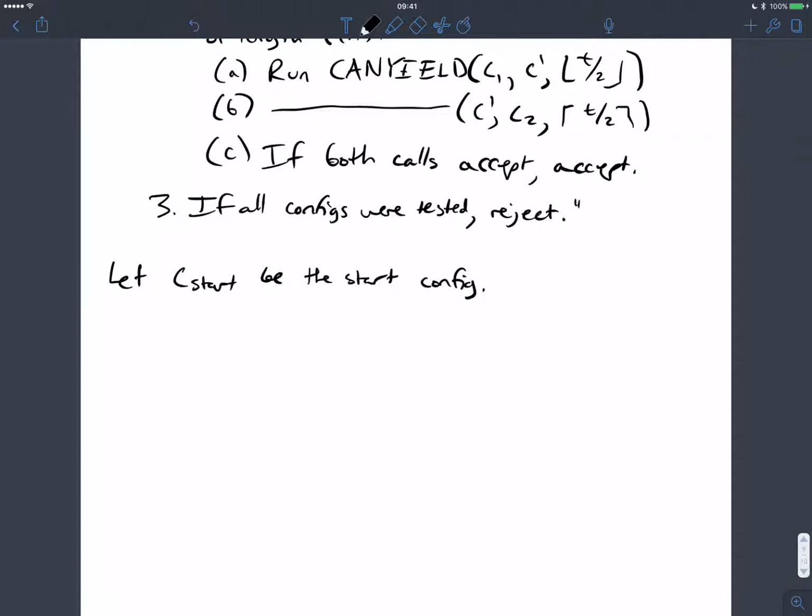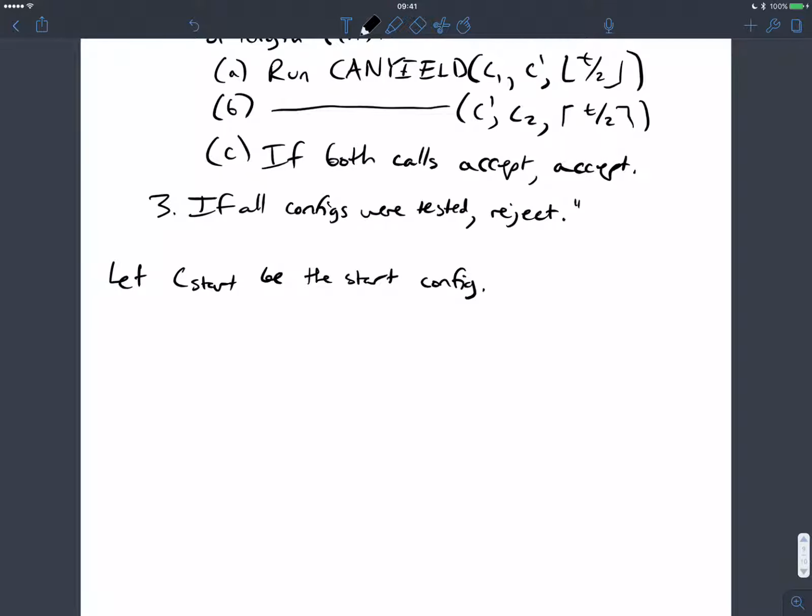And the problem here is that I don't know for an accepting configuration what that configuration is going to look like, right? It's going to have QAccept in there, but I don't know what the rest of the tape is going to look like in order to figure out can yield from the start config to that final one.